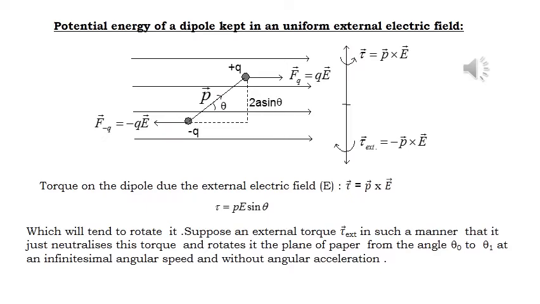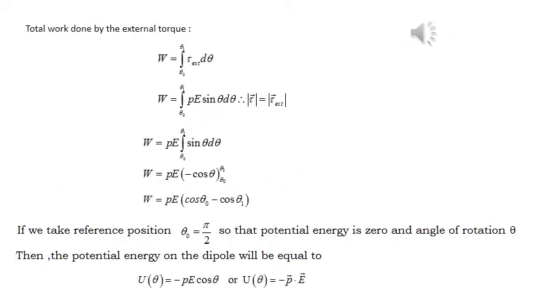So the total work done in rotating the dipole is stored in the form of potential energy in the dipole. So due to external torque, the dipole moves from the initial position theta naught to the final position theta 1.